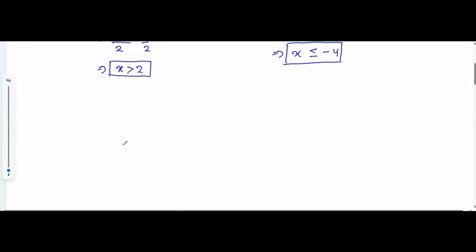So for x greater than 2, let us draw the number line first. Let's say this is 0, this is 1, this is 2, this is 3, 4, 5, and it goes on and on like that. We have to first mark the point 2.